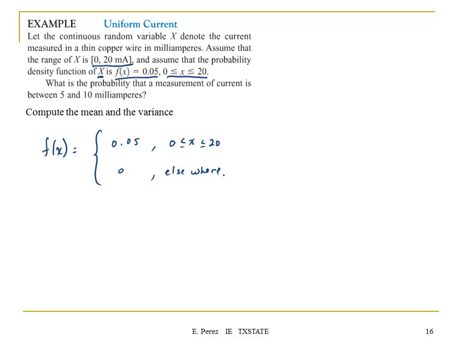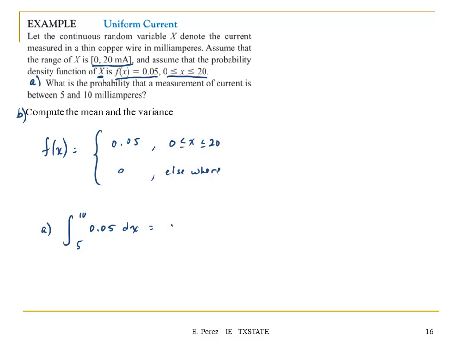So if you want to solve, let's say this is part A and this is part B. To find the probability, you integrate from 5 to 10, 0.05 dx.